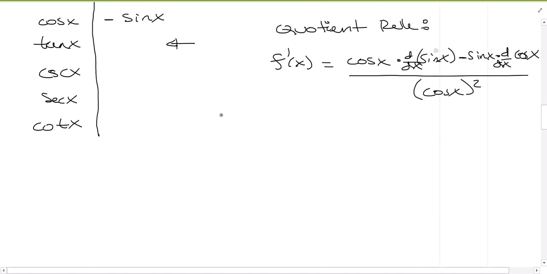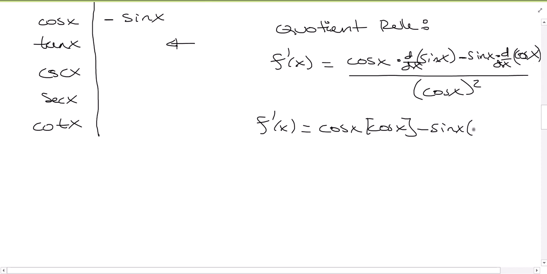And so let's do that derivative out. So f prime of x will be cosine x times the derivative of sine x, which is cosine x again, minus sine x times the derivative of cosine x. The derivative of cosine is negative sine, so I'm going to be multiplying this by a negative sine x, all over cosine squared x. So what do we get?